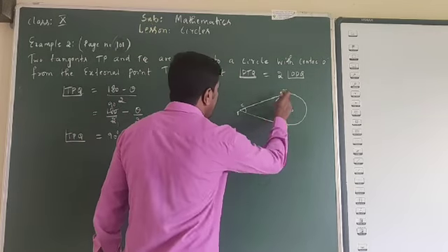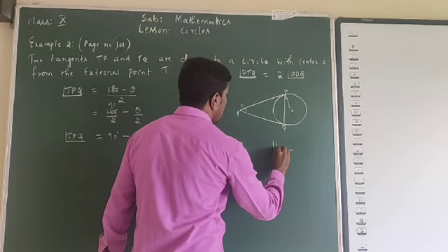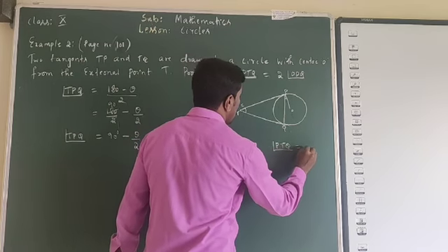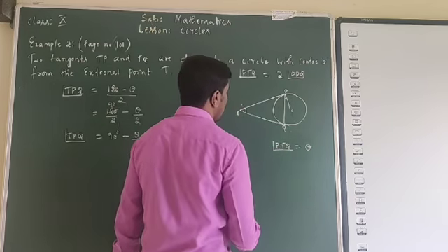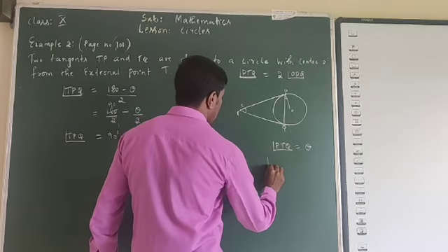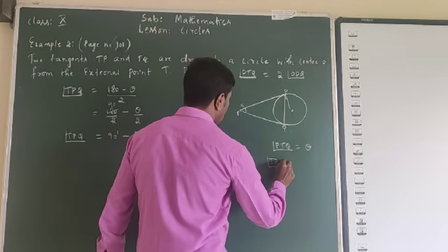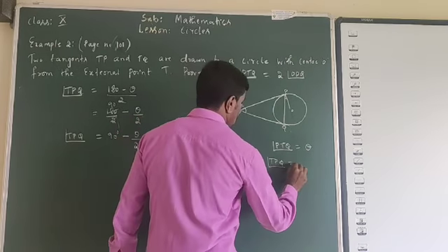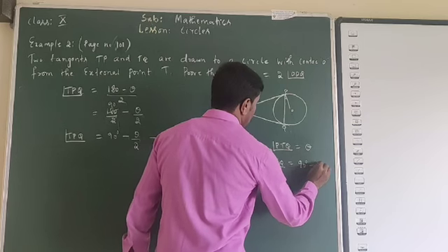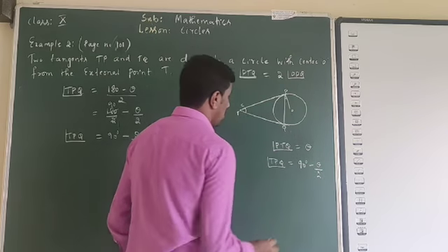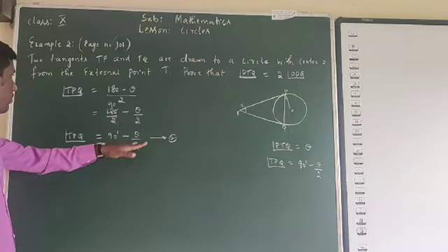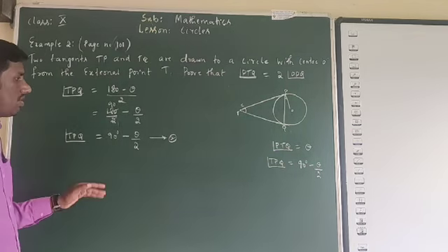We have taken angle PTQ equal to theta. Then TPQ is equal to 90 degrees minus theta by 2. I'm going to keep writing this, whatever derived equation you will be getting, I'll be writing over there.